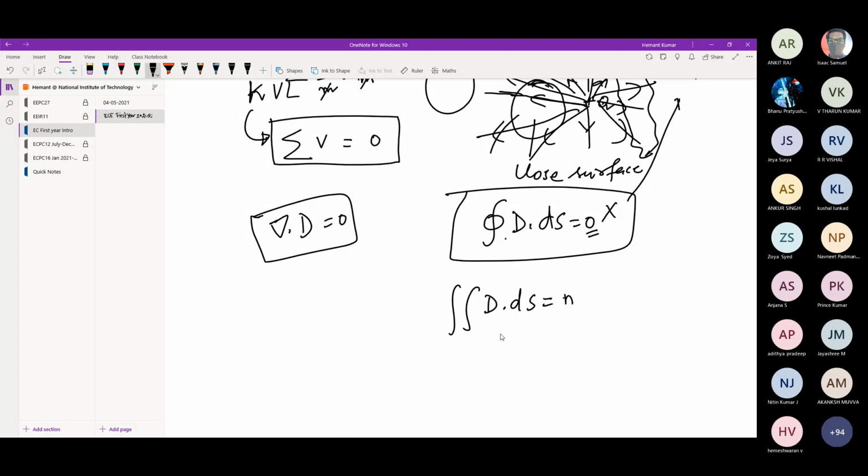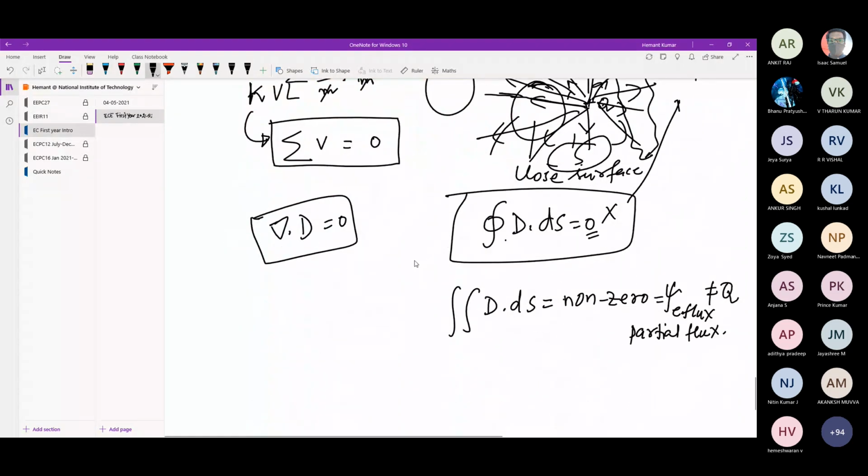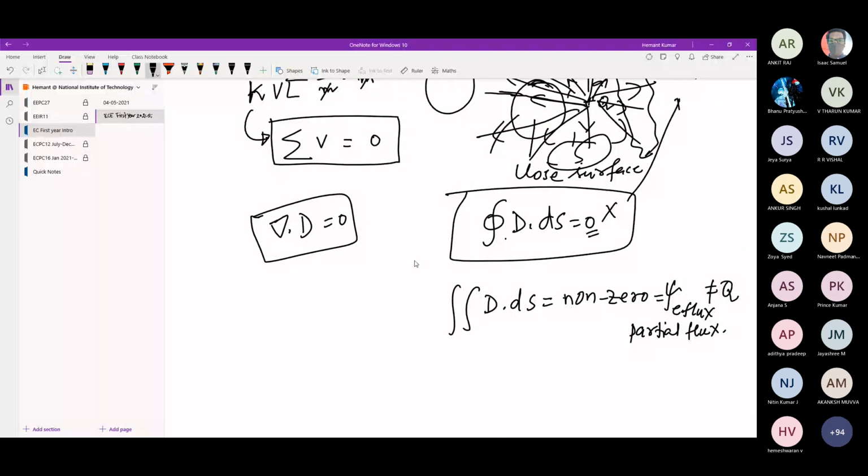That will be some electric flux passing through it, but it will not be equal to Q. It will have some lesser, partial value, because some flux is passing through this surface, some flux will be passing through here, some through here, like that. So in an open surface you cannot apply the Gaussian law. The Gaussian law is only valid for closed surfaces.